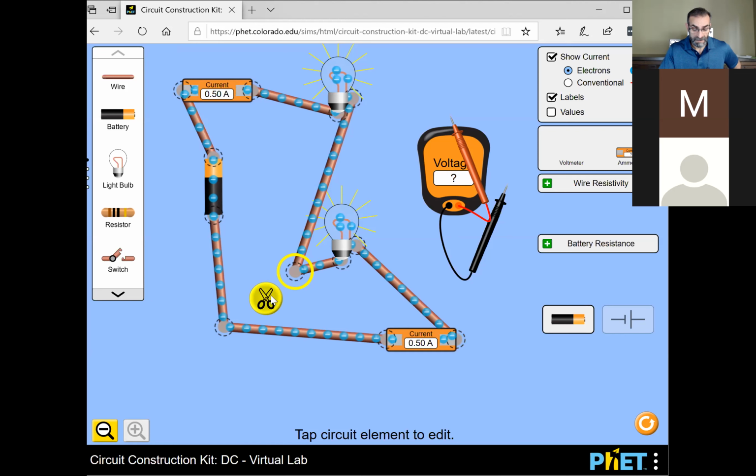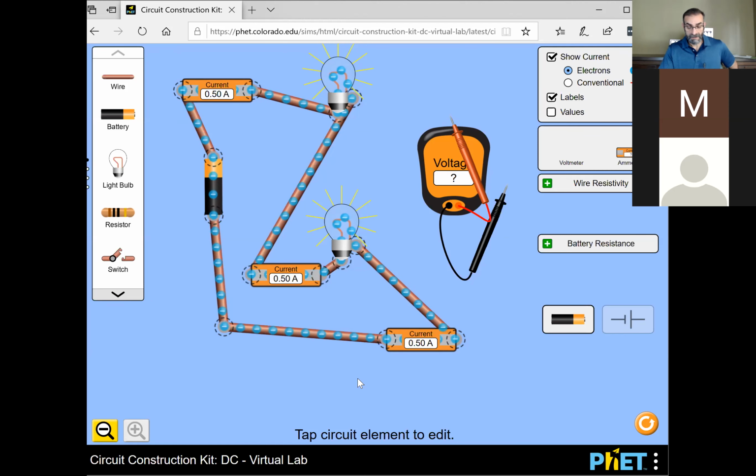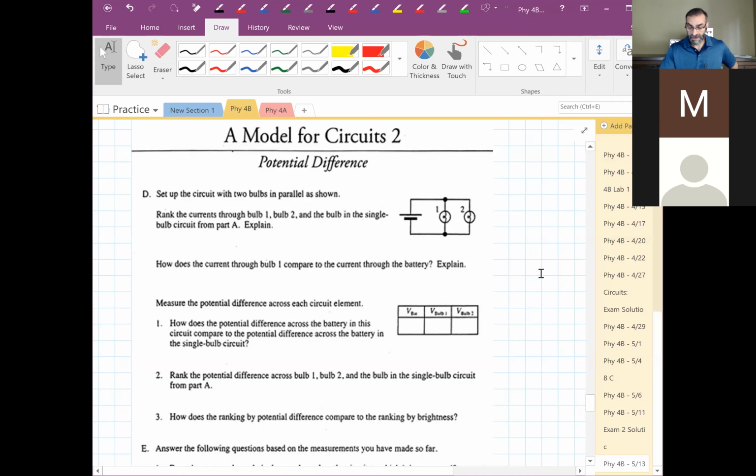Here. Okay, we're convinced the current is the same through everything in series. And the voltages of these 2 things in series add up to be the battery. We good with this one? Okay, so let's go back to our sheet. Share. And now let's do it for parallel.